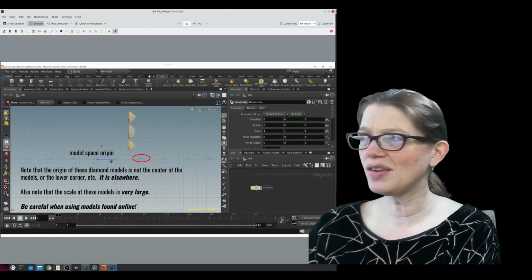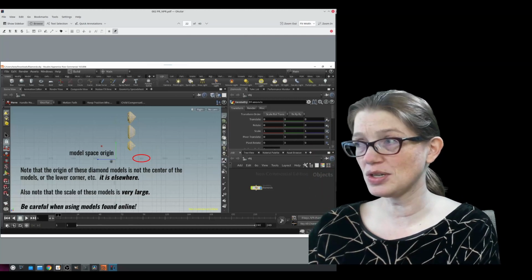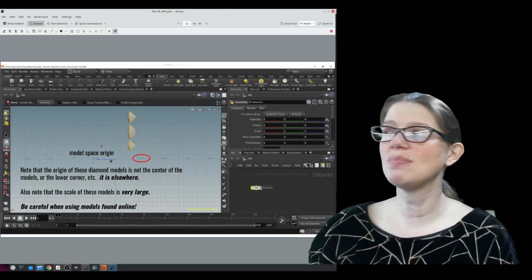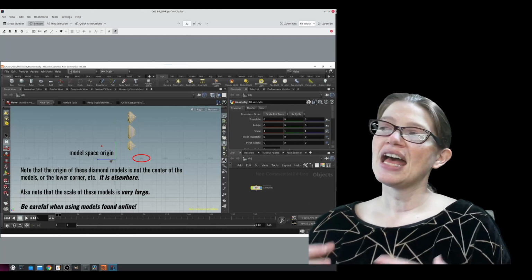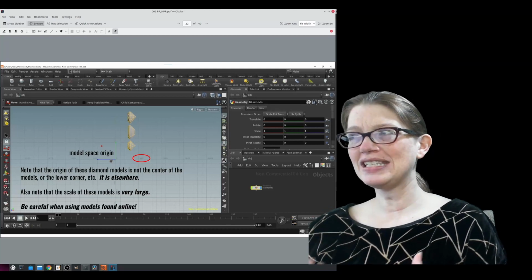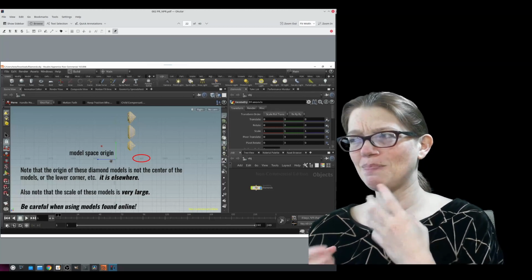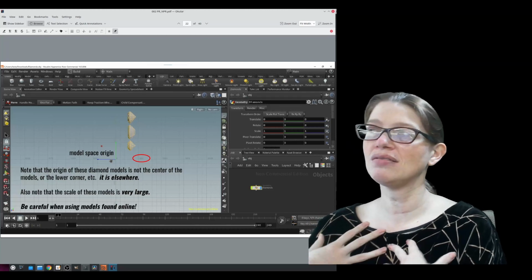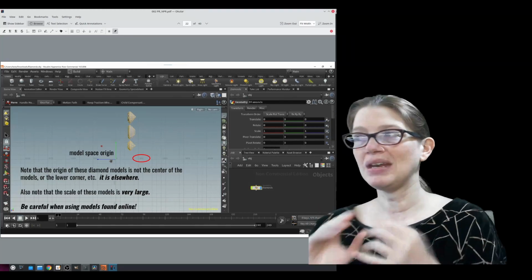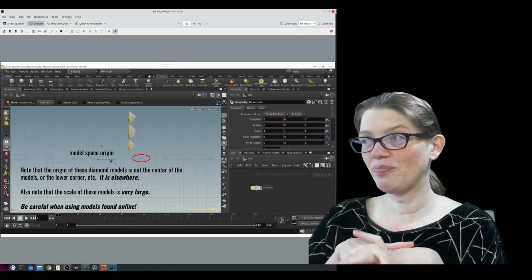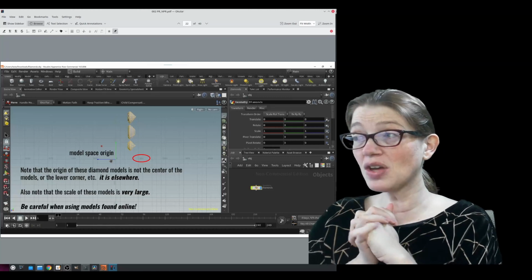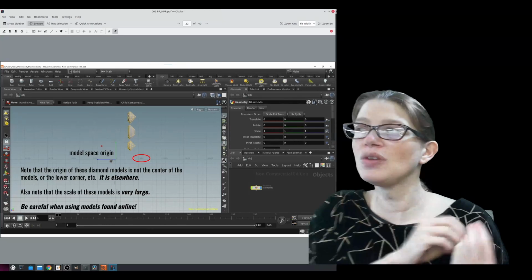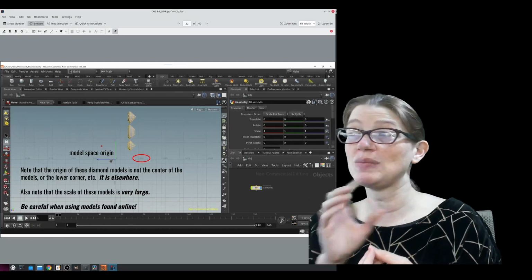It's way over here in the world space 000. Some applications or some individuals, when they're exporting these models as OBJ files, get the world space saved with it. I don't know how this is happening because I'm not somebody who creates models. I did it for fun maybe 15, 20 years ago, but I have not done this in a really long time. But they ended up with their world space 000 as being the model space 000.